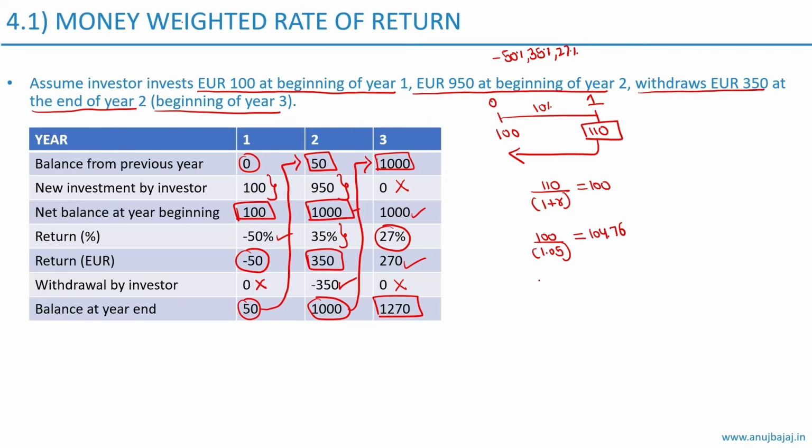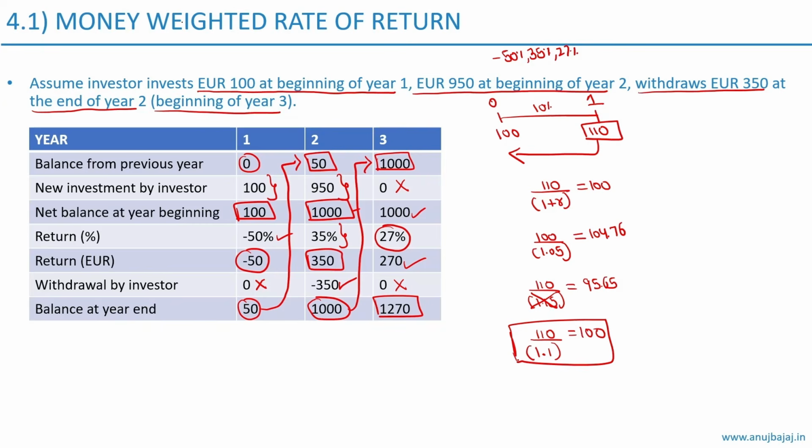Now let me take 15% as the discount rate. Then the present value will be 95.65, but we should get 100 dollars as our present value. Hence, 15% as the discount rate is also the incorrect answer. Now let me take 10% as the discount rate, which will be 1.1. This should give us the present value of 100 dollars.